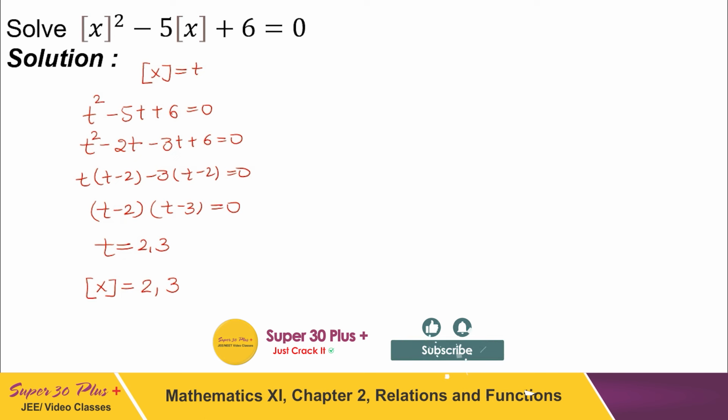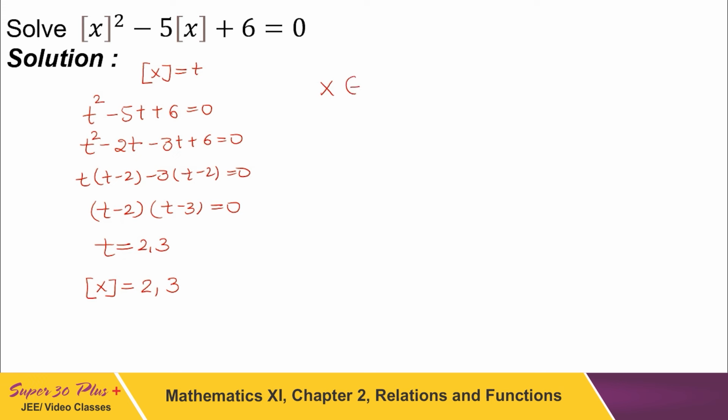Then you have to find the value of x. x lies from 2 to 4. Here it is closed, here it is open. This is the answer, because if we take any value in this range, the greatest integer of that value will be either 2 or 3. The solution of this question is x belongs to [2, 4).